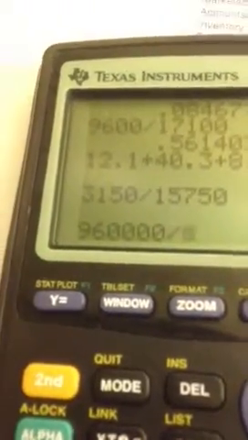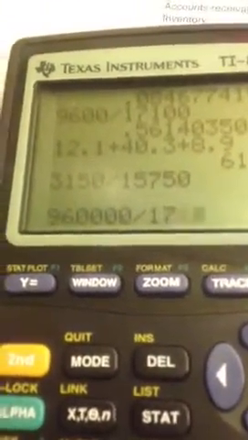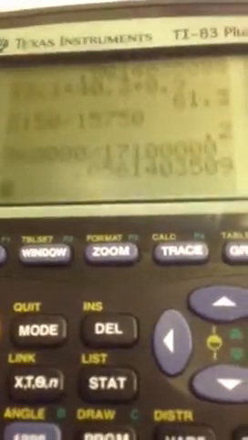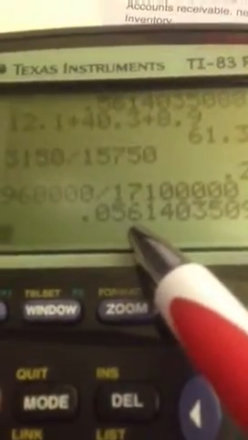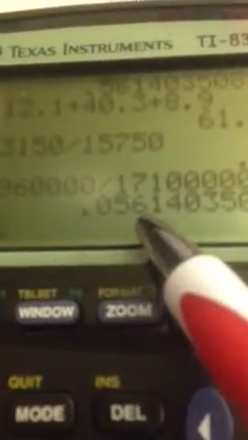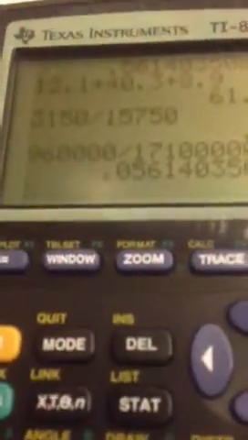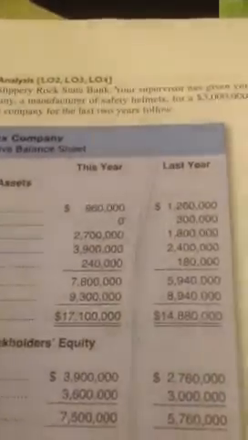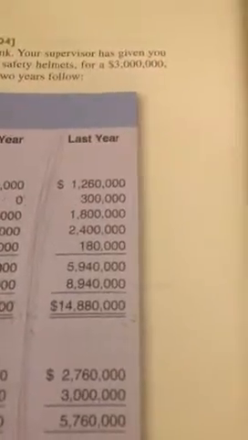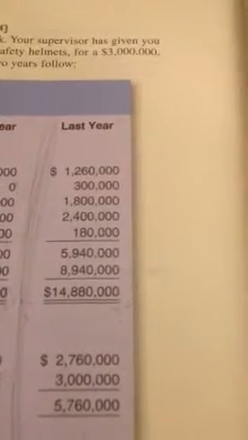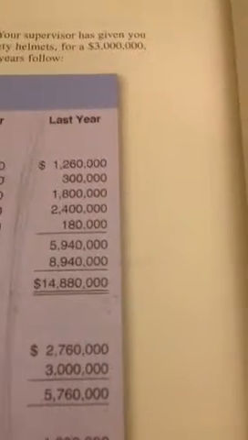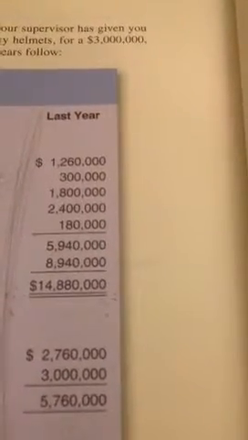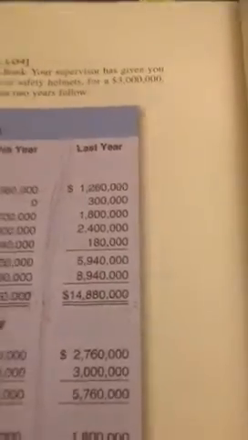960,000 divided by the total assets of 17,100,000. So you have to move the decimal to the right, in between 5 and 6, and it will be 5.6% for this year. Last year they made 1,260,000 in cash, and I drew the line so I can divide the two, because you would have to use the total assets for that year, which is 14,880,000.